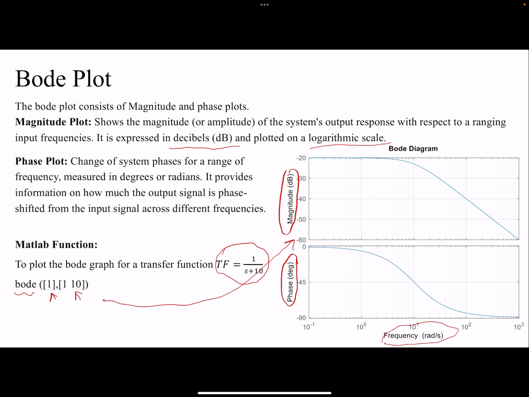This plot tells me how the magnitude is changing in terms of decibel and how the phase is changing for a range of inputs. My input can have any frequency. So for a specific frequency that you are interested in, let's say a frequency of 1, you can come and find the phase change and the magnitude change.